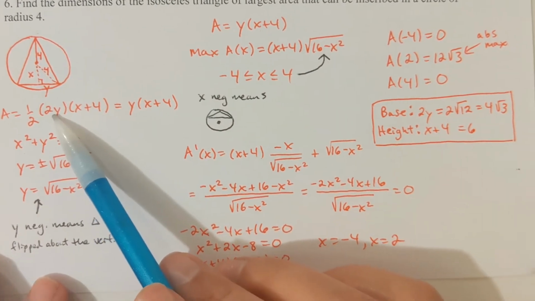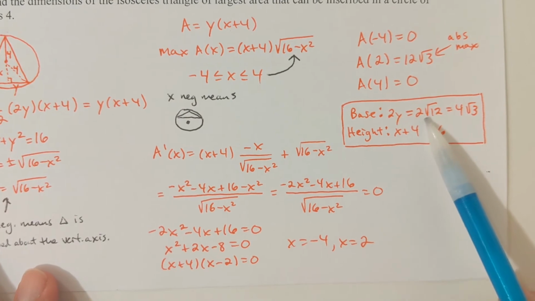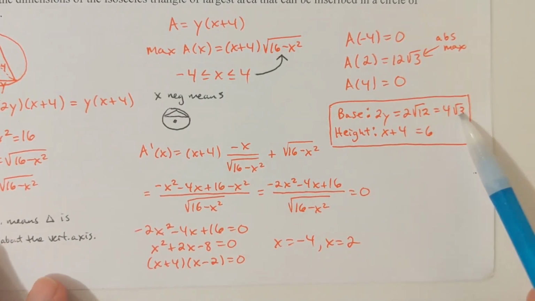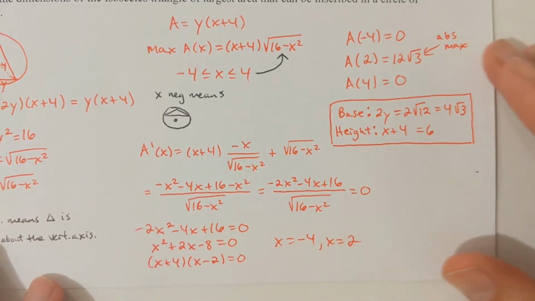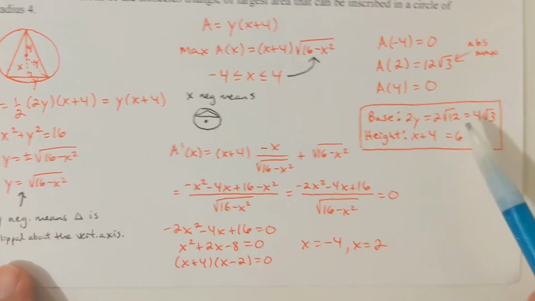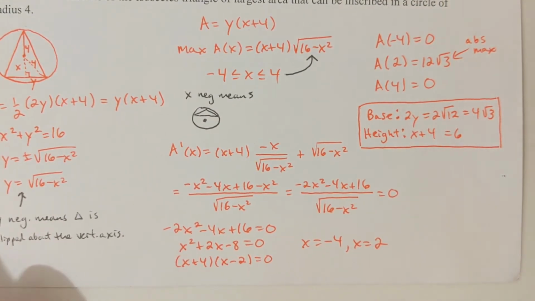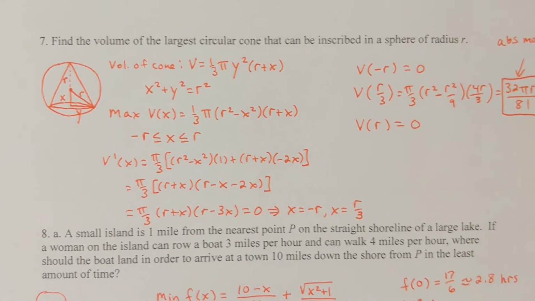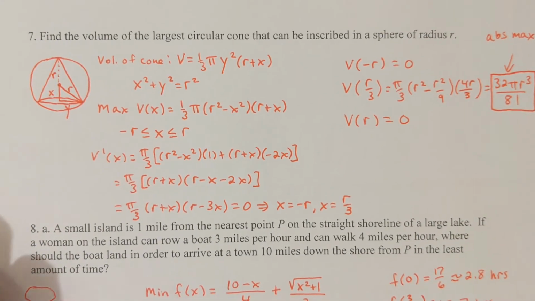That was this here. So 2 times root 12 would be 4 root 3 if you simplify. Okay, and these dimensions would produce the biggest triangle. Problem 7 is kind of similar, only it's a 3D situation rather than a 2D.